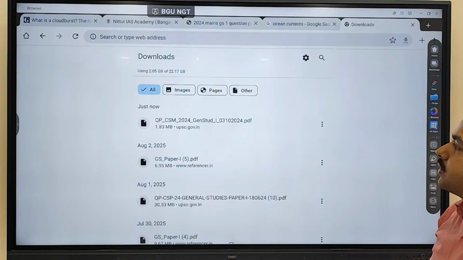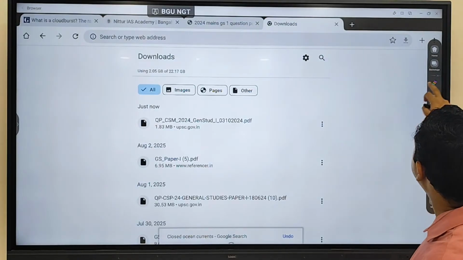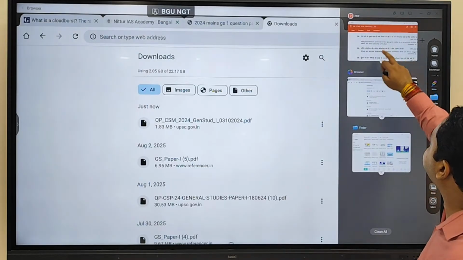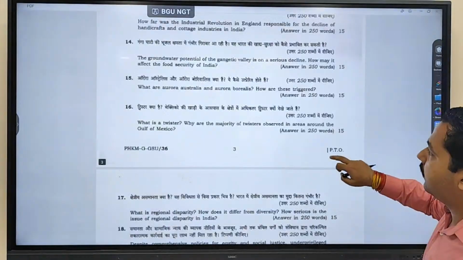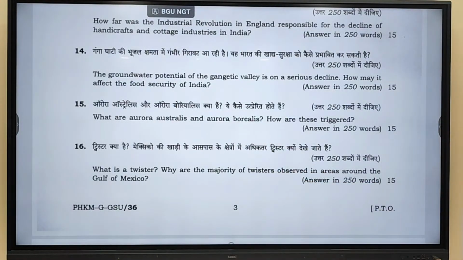This year also, as we discussed, a cloud burst occurred in the Uttarkashi region. And you also get a question on twister. Twister means you have to explain what tornadoes are, and why these are more common in the Gulf of Mexico region, because warm and cold air masses meet there. Fine.